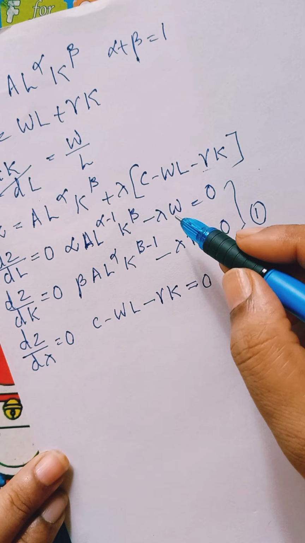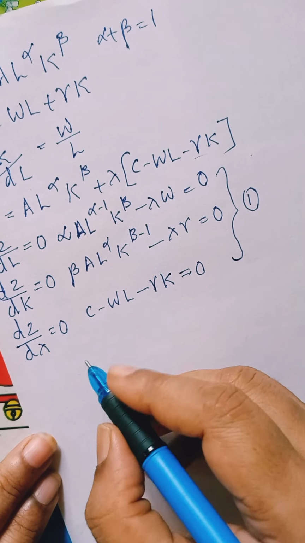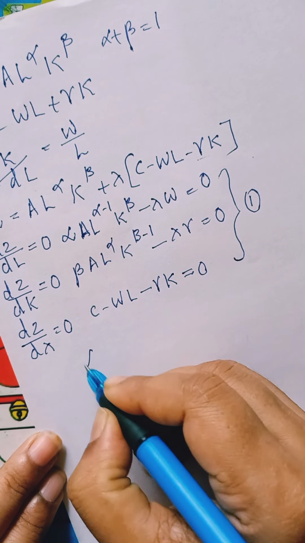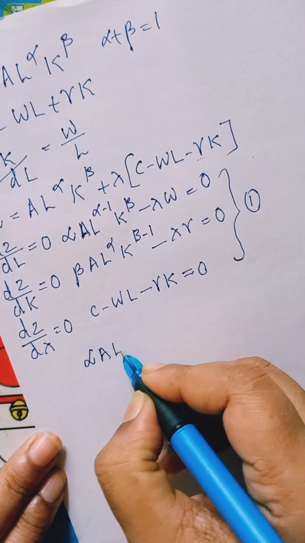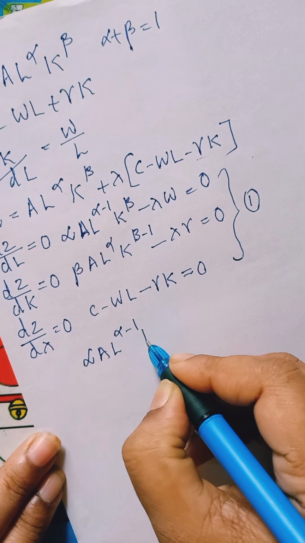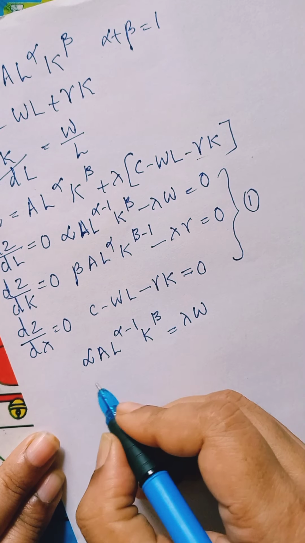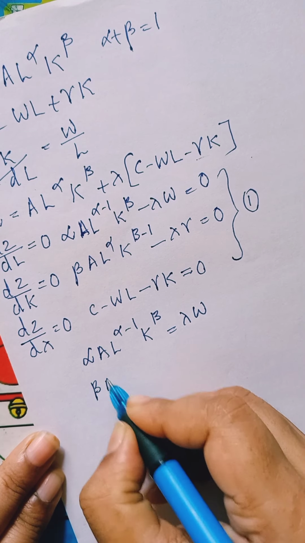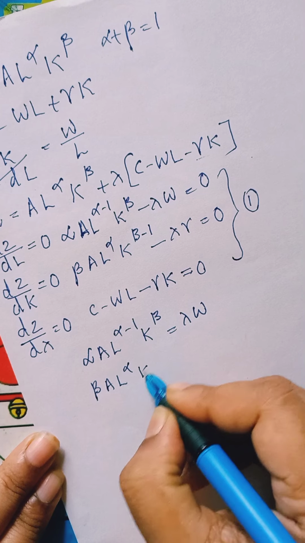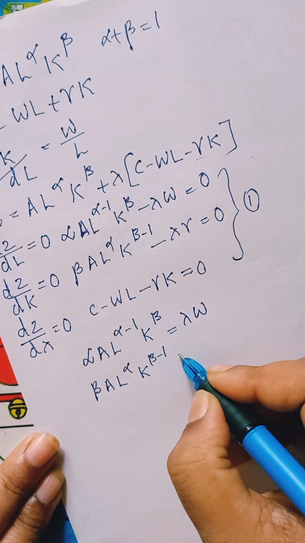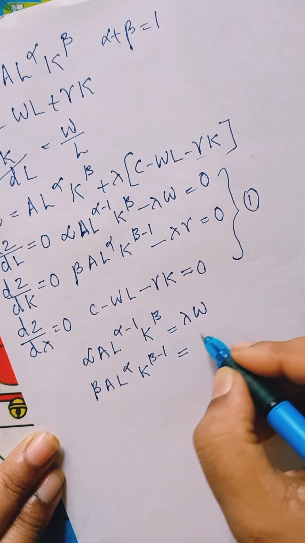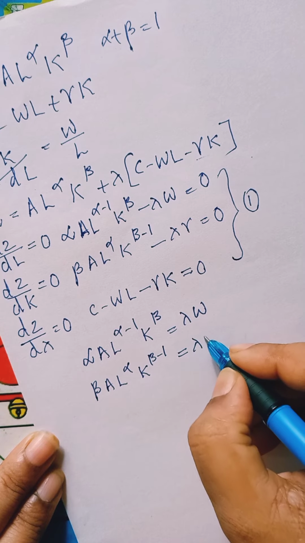Then by rearranging the first two equations, we will get alpha A L raised to alpha minus 1 K raised to beta is equal to lambda w, and beta A L raised to alpha K raised to beta minus 1 equal to lambda r.